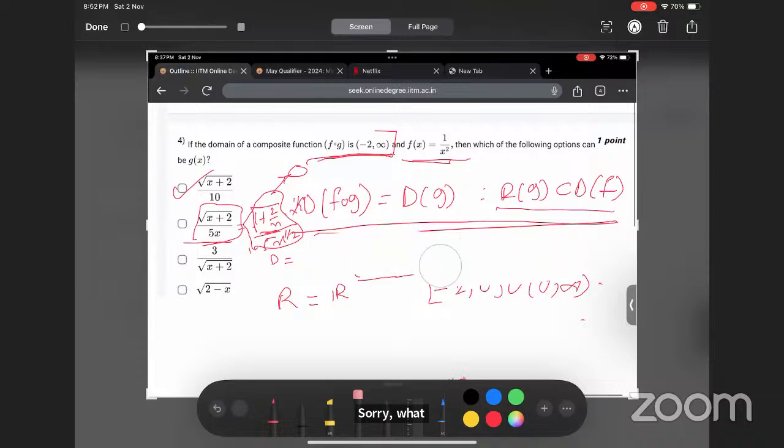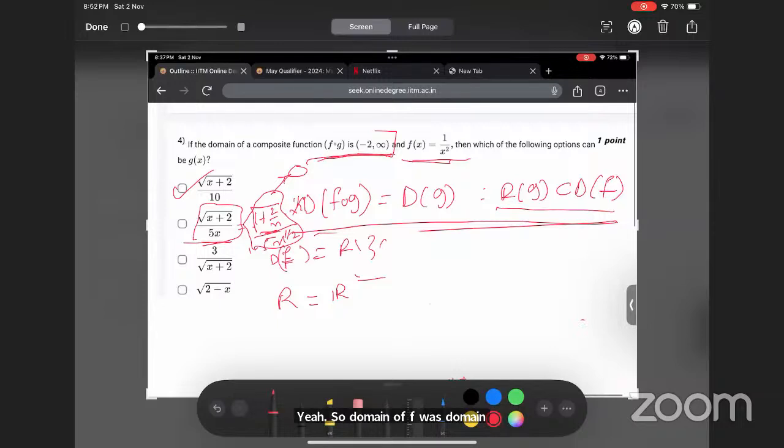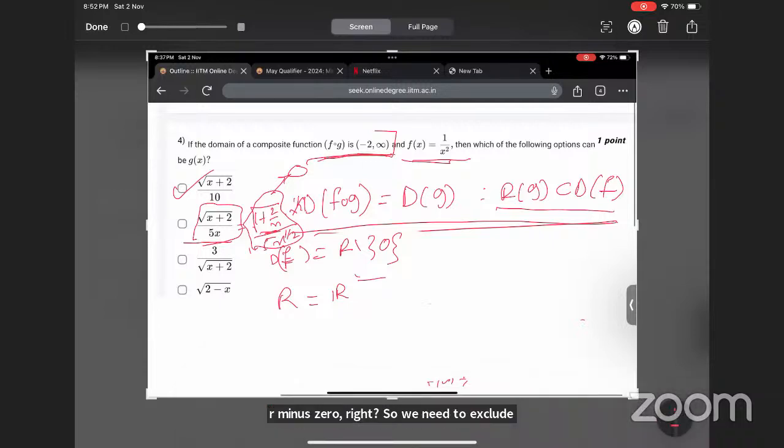Yeah, so the domain of f was R minus 0, right? So we need to exclude the point 0. And what was the domain of the function? This was -2 to 0 union 0 to infinity, right? Yes, ma'am, that is the domain. Yeah, this is the domain.